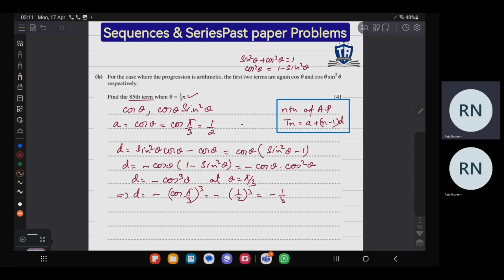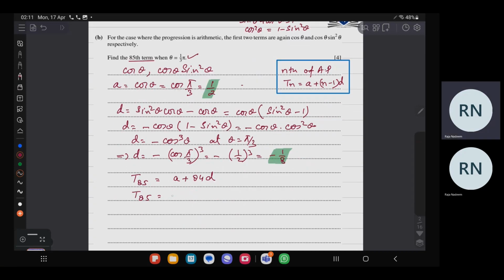Now we have the value of a and the value of d. As we need the 85th term, when you replace n with 85, it gives a plus 84d. By substituting the values, 1 by 2 plus 84 into minus 1 by 8.